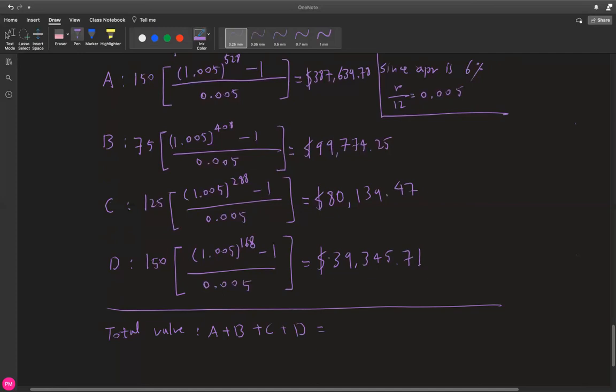So you're simply adding all these four numbers together, and this should actually yield you $606,899.21. So during this 44 years of saving, you actually yielded $606,899, and that's a substantial amount of money.